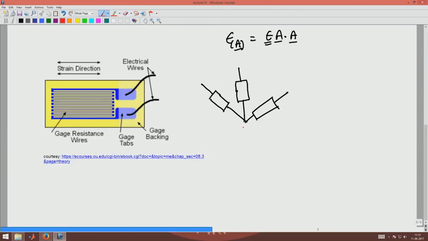If I take Ex and Ey as my coordinate system, and say this makes an angle theta 1 with the x, this makes an angle theta 2 with the x, and this forms an angle theta 3 with respect to the x axis, then what I want to do is find the strain with respect to those 3 orientations.